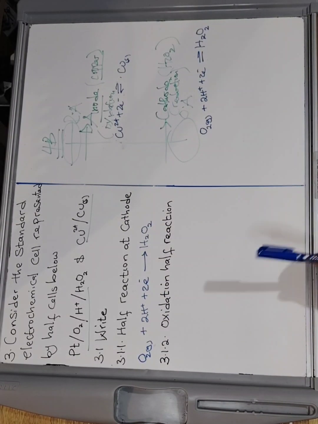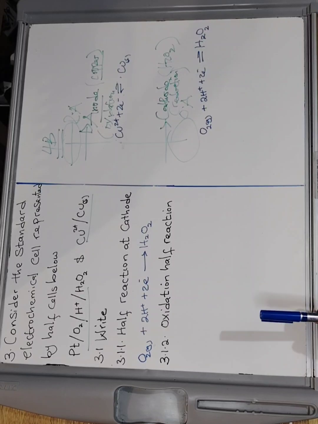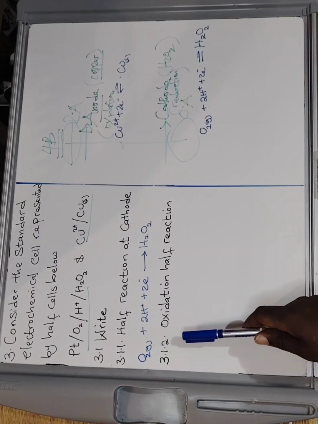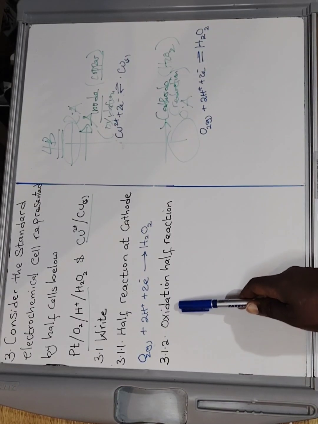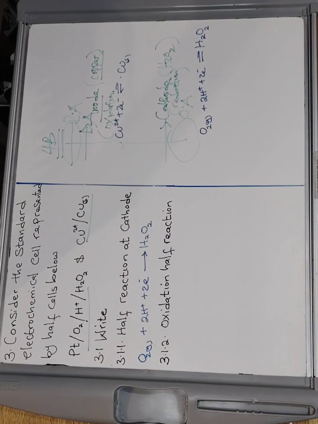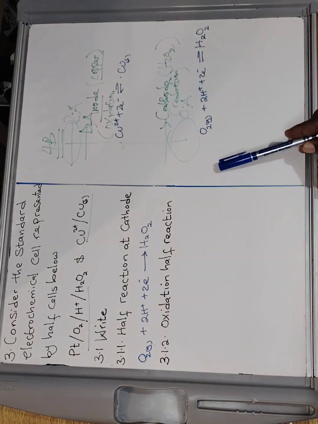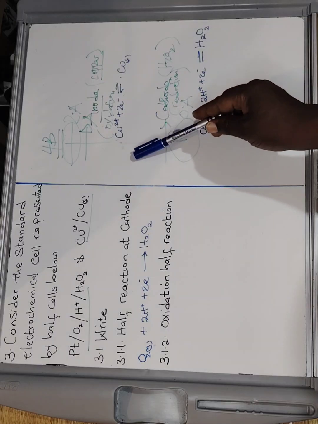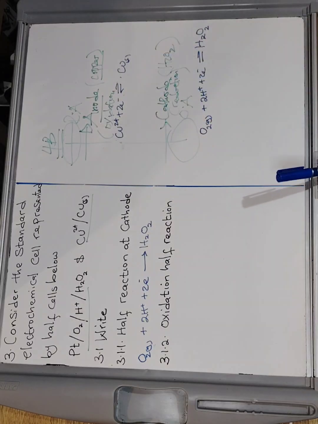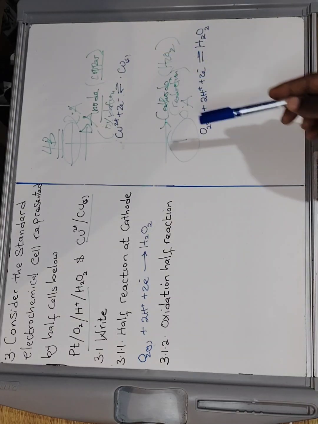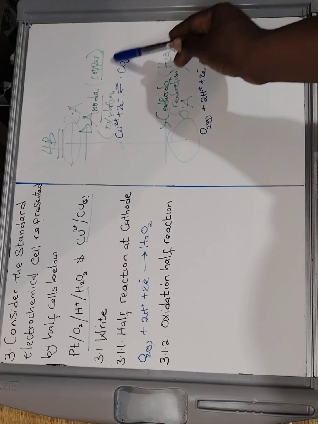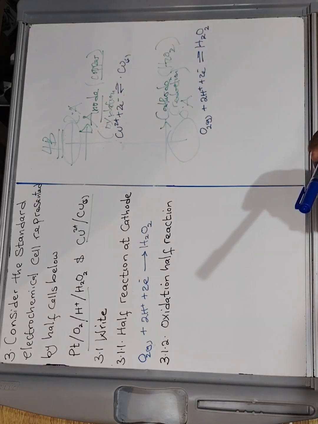Then comes this question. It says, write oxidation half reaction. We have to recall that oxidation occurs at anode, and which half cell is the anode? Copper. You also have to remember that whatever is written here is reduction.